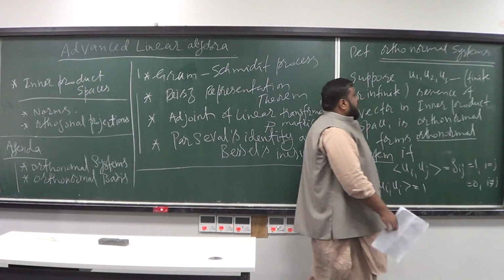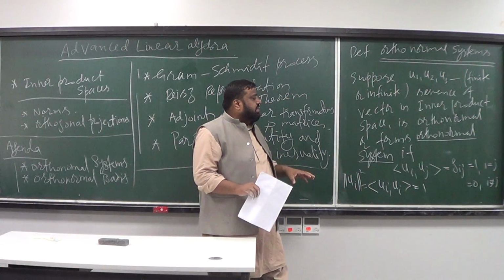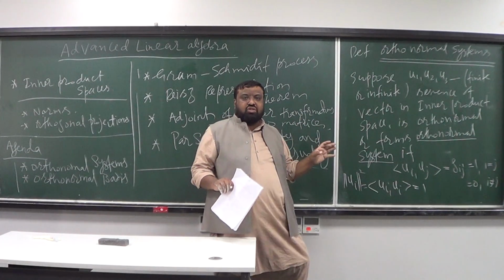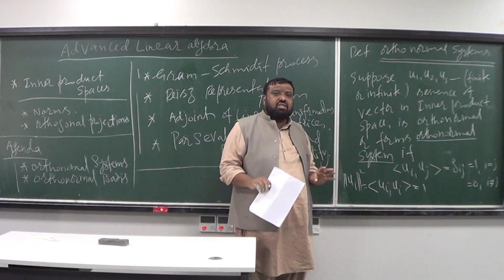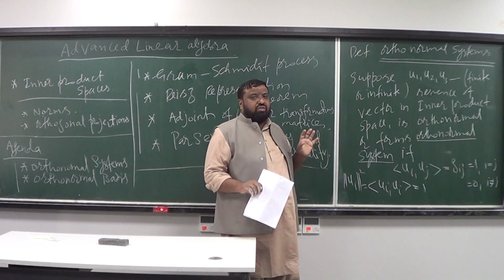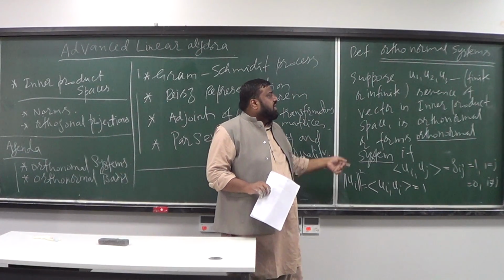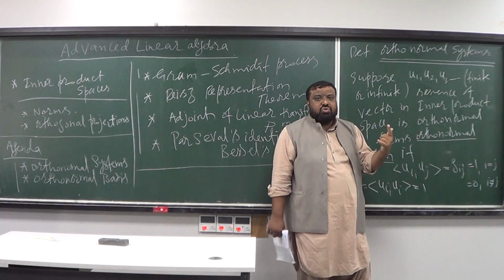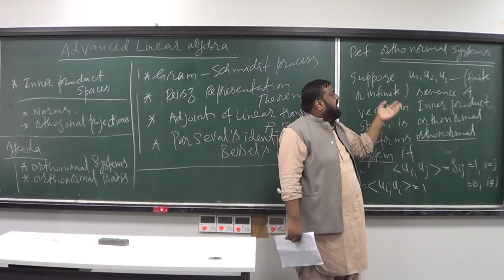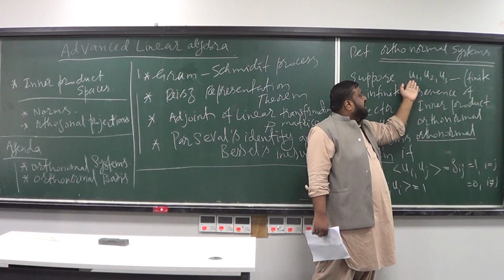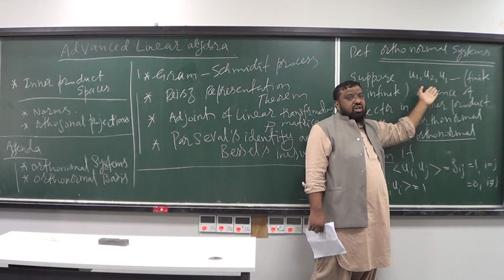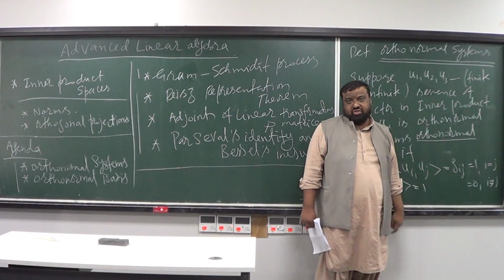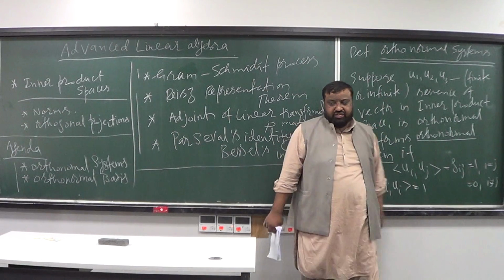So a collection of vectors in an inner product space forms an orthonormal system if each vector has unit magnitude and they are mutually orthogonal. This is the definition.